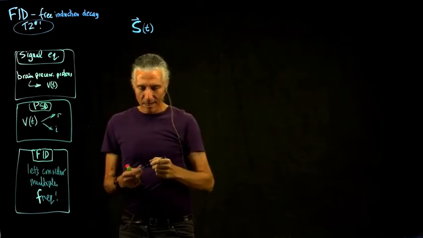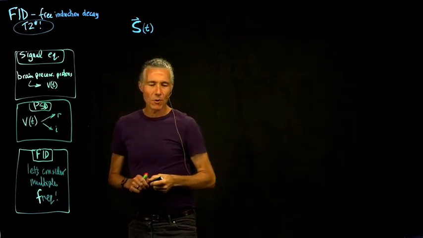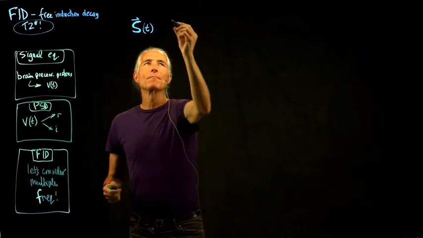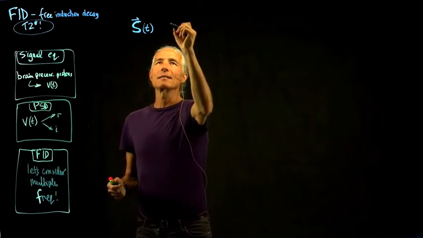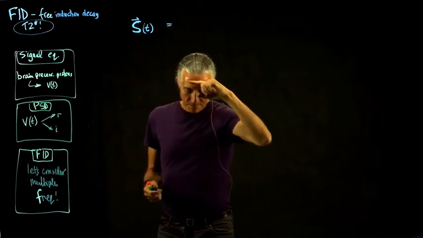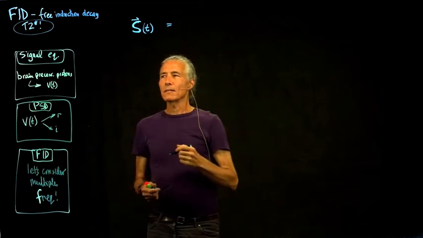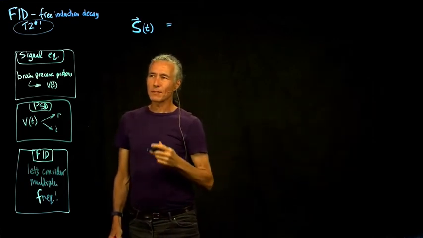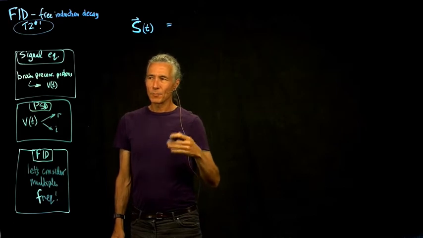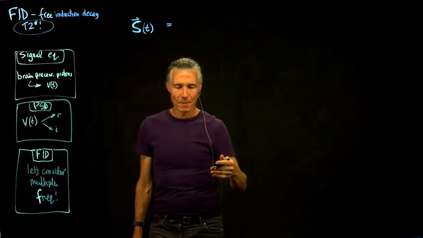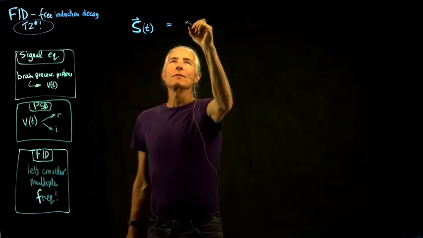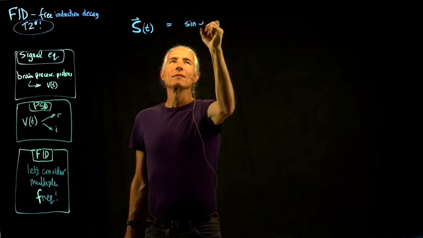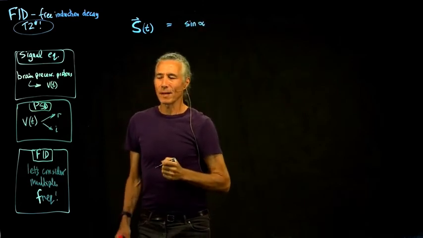That's the signal that we record, but now we're going to consider the fact that that's actually the sum across multiple frequencies over time. So the very first part is we have the sine of the flip angle.